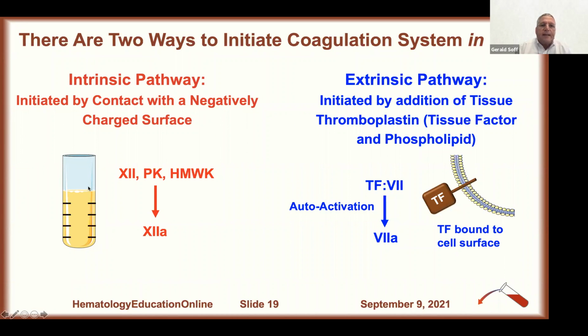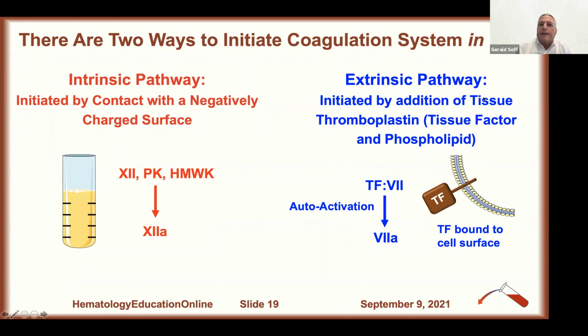Originally it was glass, and now chemicals with a negative charge are added to the mix. The result is that factor 12 can become activated using prekallikrein and high molecular weight kininogen, and we'll tease this out in a moment, resulting in factor 12A. So this is how the intrinsic pathway gets activated in vitro. This is the beginning of the PTT.